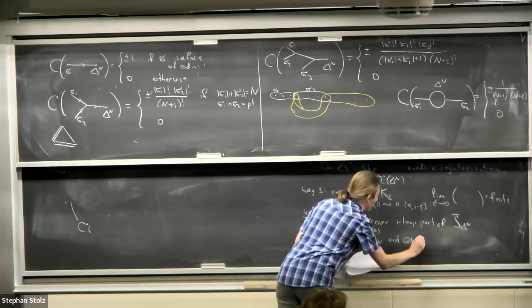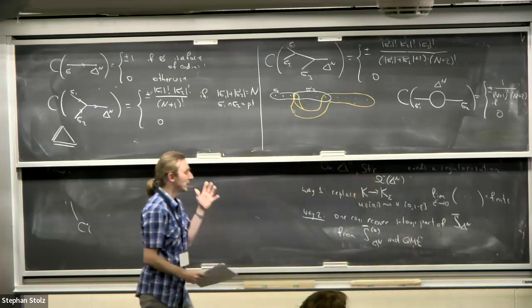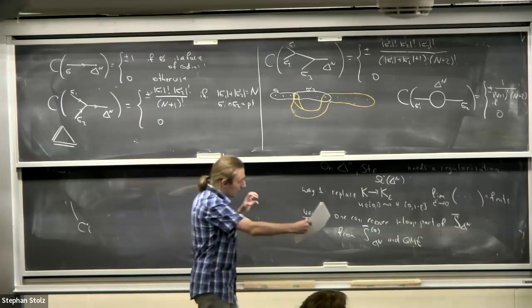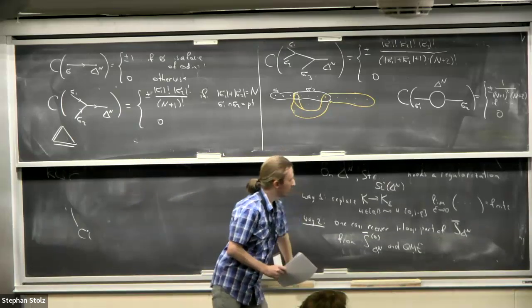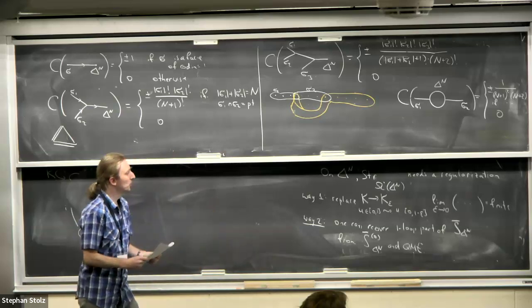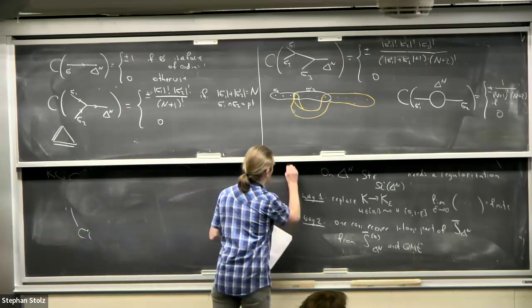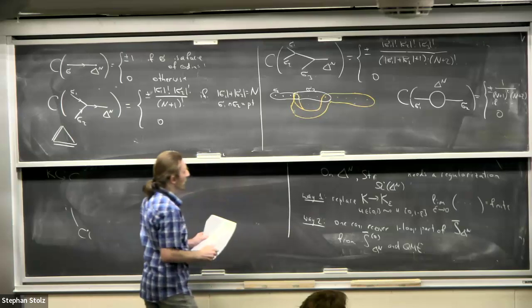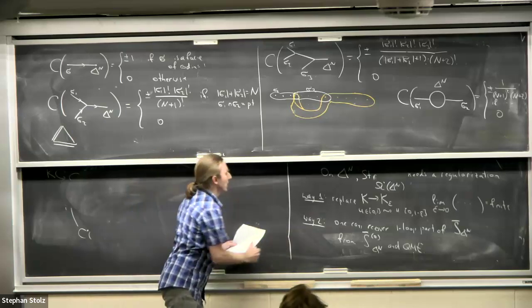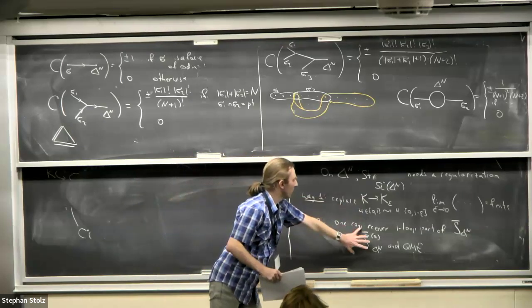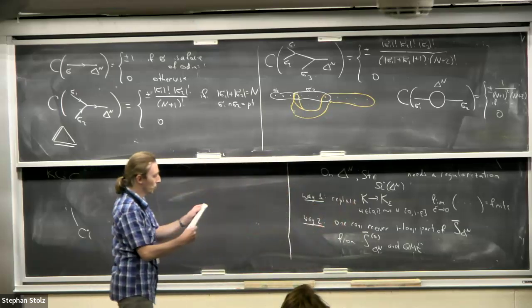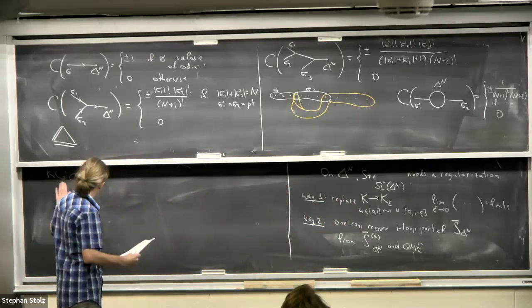On the simplex, it's unobstructed, and the solution is unique up to a Q-exact term. Okay, so those are the two ways I wanted to mention, but one can expand on way one. So you can solve this problem on a simplex, and then you put together the simplices.